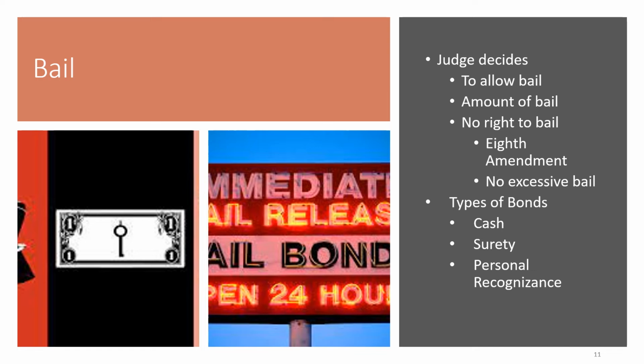It's almost like being on probation, because they are given a PR bond officer who puts a lot of stipulations in place. They'll have a curfew usually. They've got to call and check in. They're not allowed to go to certain places like bars and adult establishments. So there's a lot of restrictions put in place for PR bonds. I typically recommended that if a client could afford it, they pay the cash bond because they weren't going to have all of the restrictions that they would have with a PR bond.